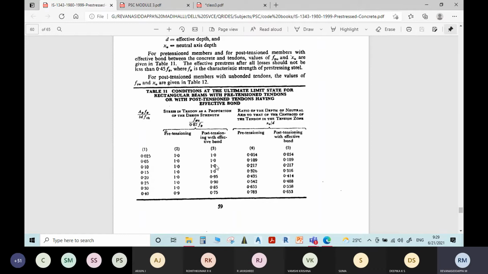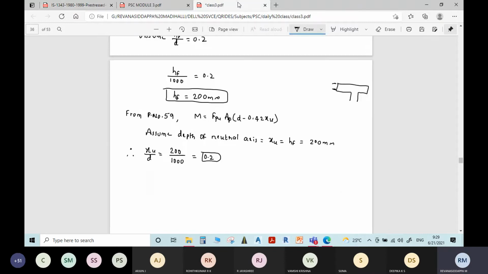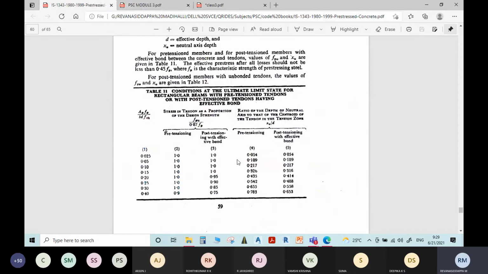For 0.2 you make the interpolation. I think you will get one only. The XU by D is 0.2. We know the FPU divided by 0.87 FP value for 0.109 is 1.0, and for 0.217 it is also 1. Corresponding to 0.2 of XU by D, it will be 1 only.